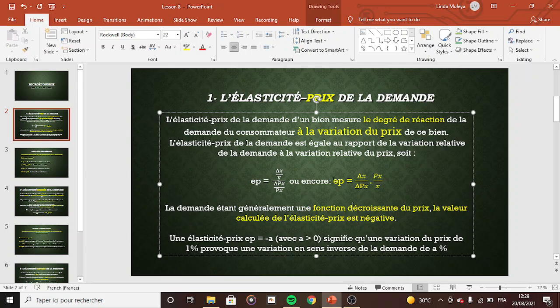But whatever percentage of movement it is will affect an inverse reaction. So that's to say that if you increase your price, demand will reduce, and if you reduce your price, demand will increase. So it's an inverse sense of reaction.